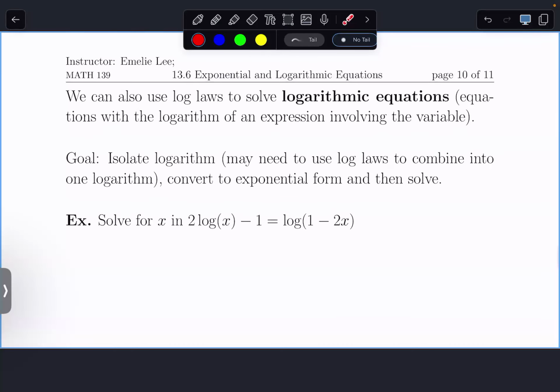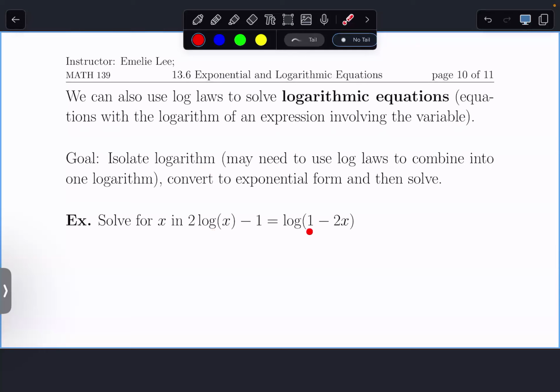The first thing you'll want to do is isolate the log and get just one log so that you can apply the log base 10, for example. So this is 2 times the log base 10, and then you've got a log base 10 over here.